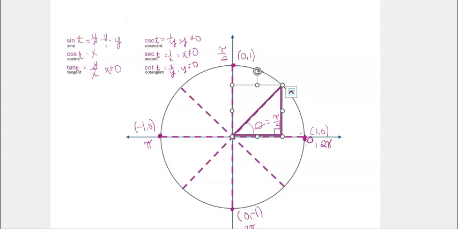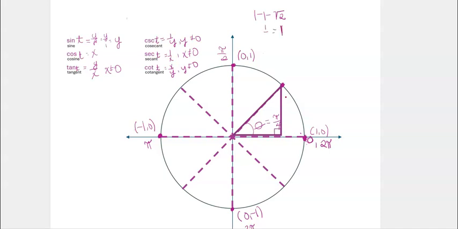And because it's a 45-degree angle, and I've dropped an altitude from this point down to the x-axis, we know that this is a 45, 45, 90-degree triangle, whose sides are in relation of 1, 1, square root of 2. Now, square root of 2 is longer than 1, so that makes it the hypotenuse. But in this case, we know that my hypotenuse is 1.